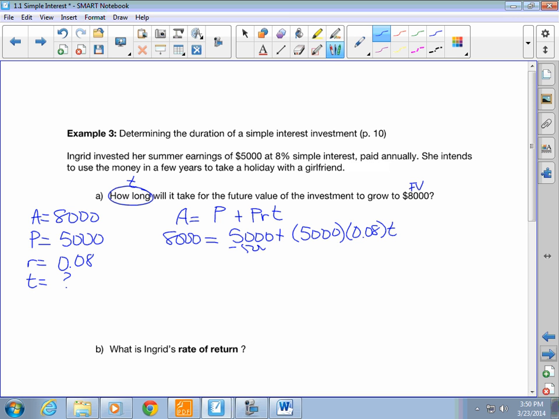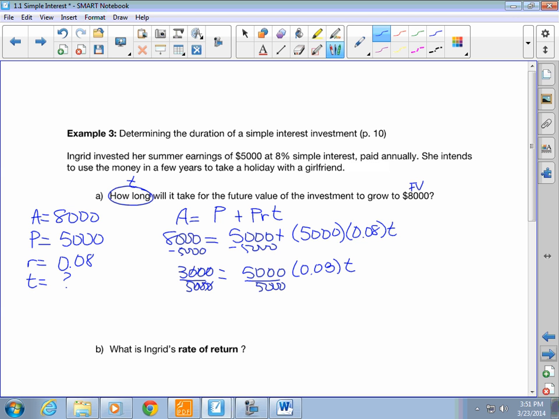So to solve, I'd move my 5,000. So I have 3,000 is equal to 5,000 times 0.08 t. So divide by 5,000. So 3/5 basically is what I'm at. There are two ways to solve this.